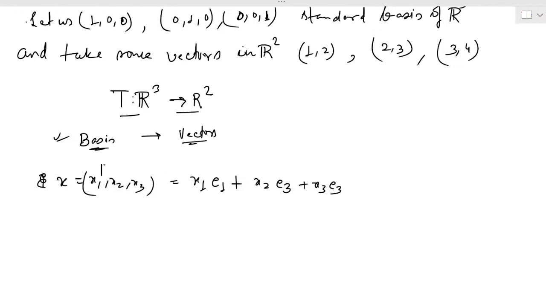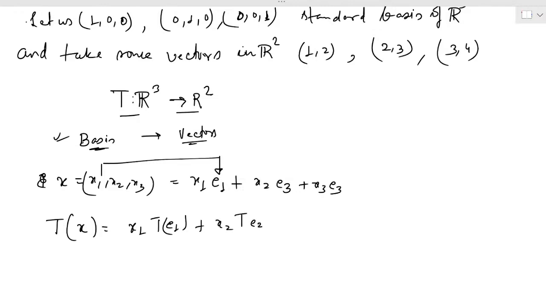If I want to write any vector, I can write it as a linear combination of the standard basis vectors. Is that clear? So if I want to take Tx, it will yield me x1 Te1 plus x2 Te2 and x3 Te3.